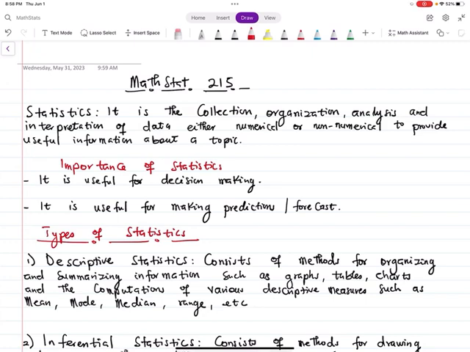Now let's look at an example. Suppose that with the help of statistics, the government wants to provide relief for people who are low income earners. How can the government implement such a program? The government can do that with the help of what? Statistics.